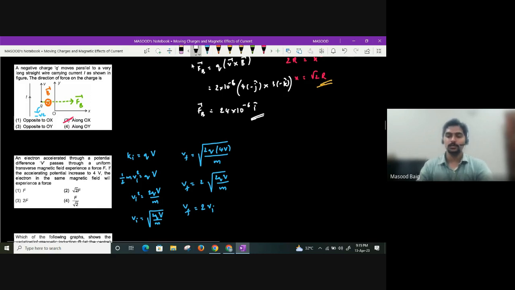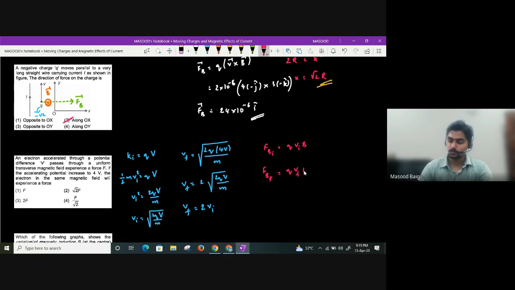Initially you can consider the electron experiencing a force F. Now if the accelerating potential is increased to 4V, what has happened to its speed? It got increased by 2 times. So what is the magnetic force? Initial magnetic force is Q V initial into B. What will be the final magnetic force?